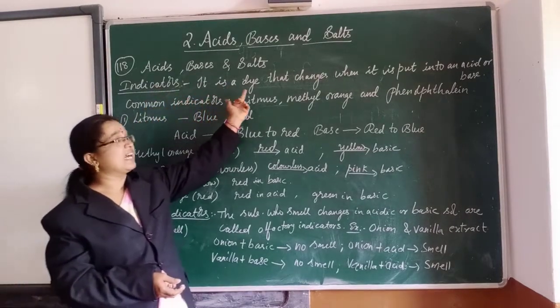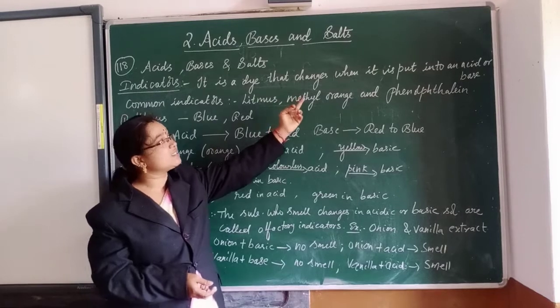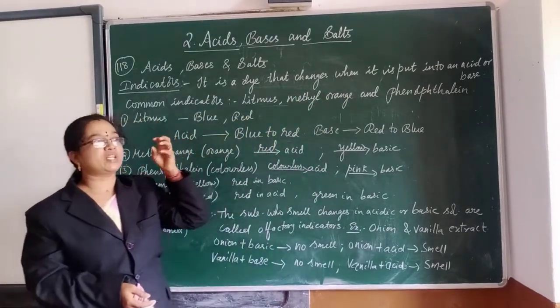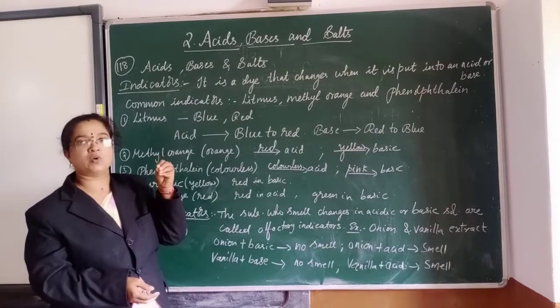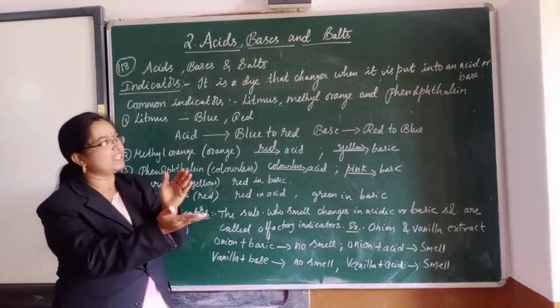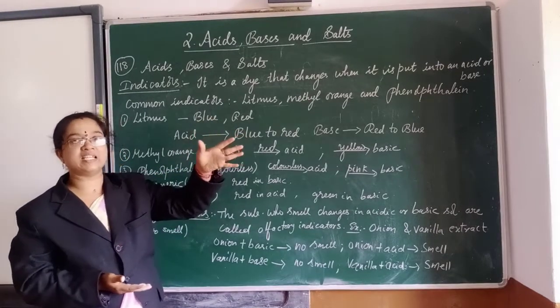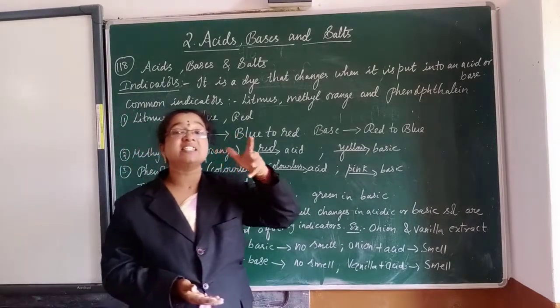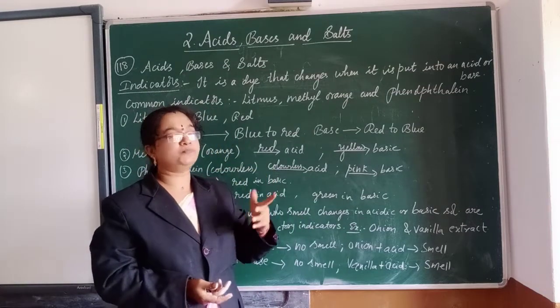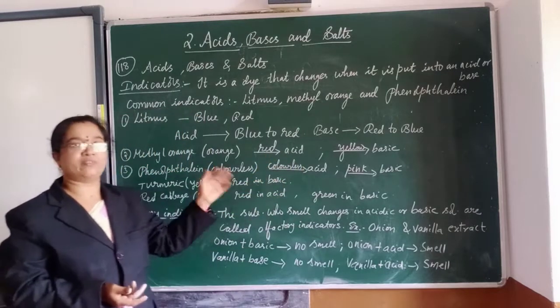What is the exact definition of an indicator? It is a dye that changes color when it is put into an acid or base. So it is one type of substance. When it is added to either an acid or a base, it will change its color. Examples we will see later.